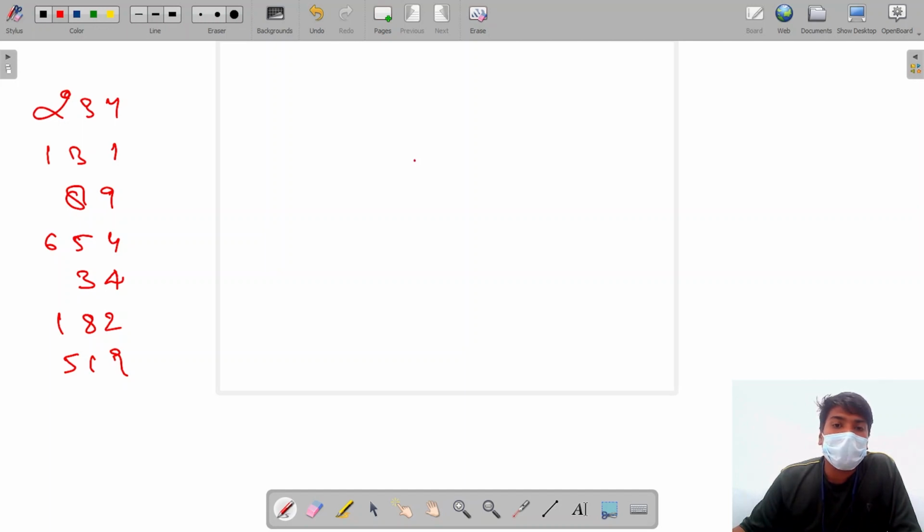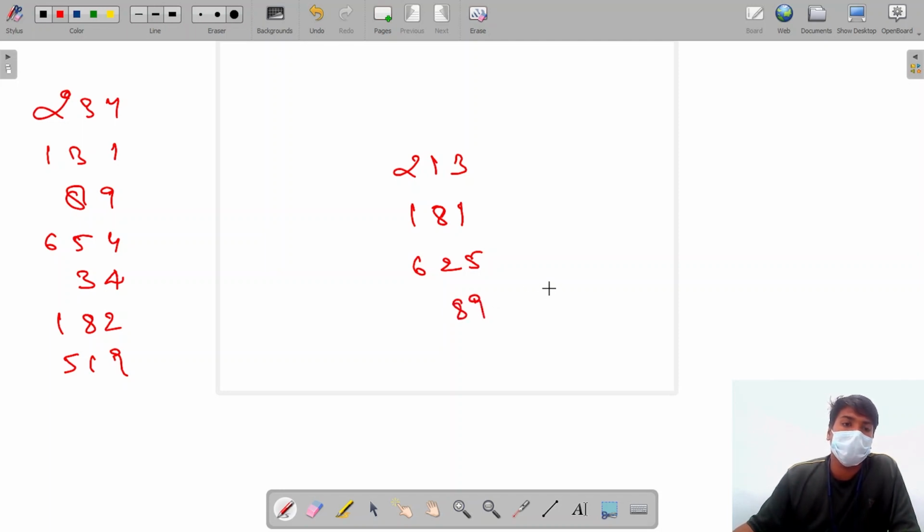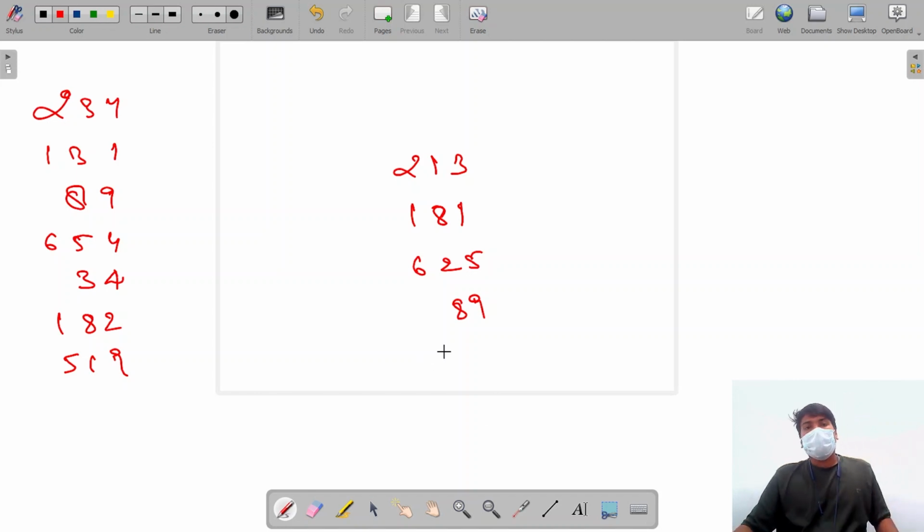The small example is 211, 213, 181, 625 and 89. What we are going to do in radix sort is not sort the complete array.